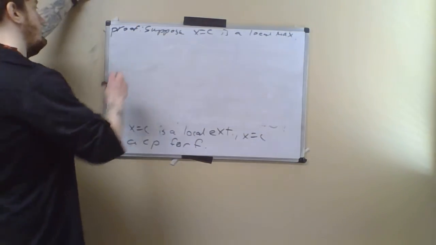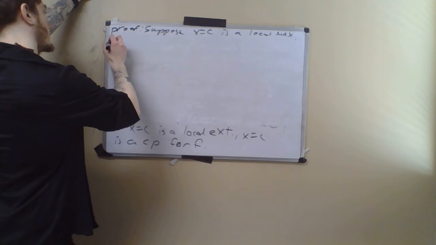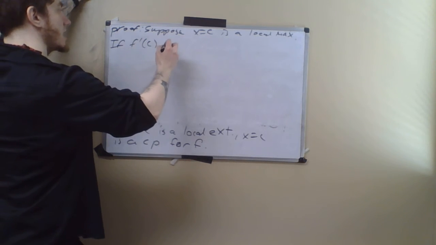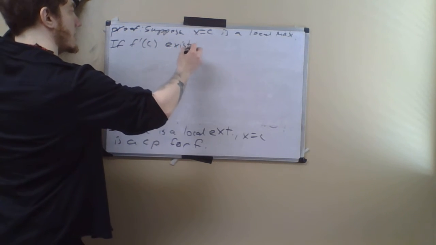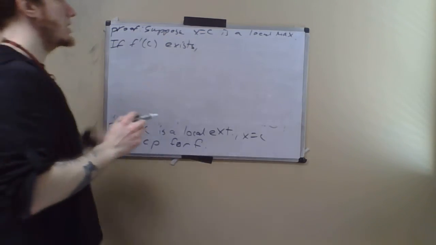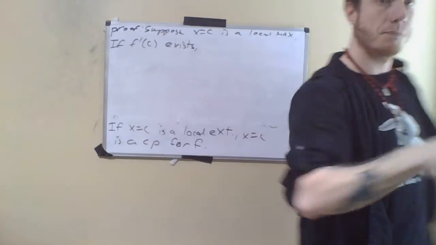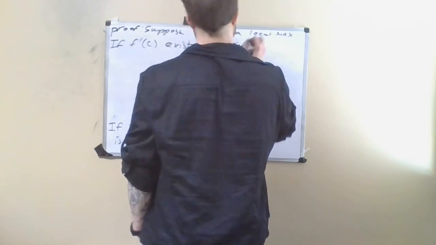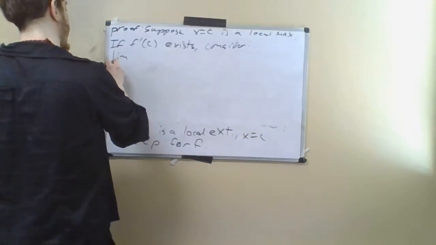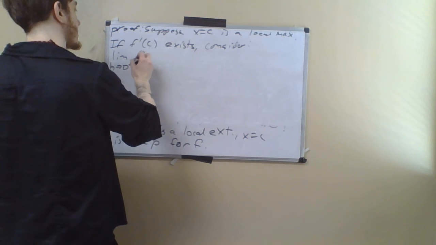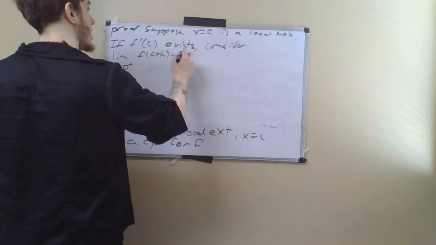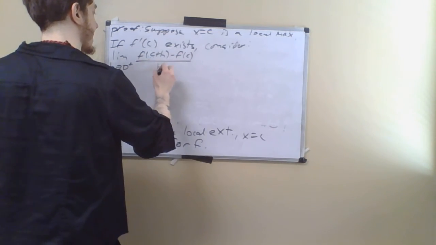Well, first of all, if f prime of c exists, then here's what we know. Consider the limit as h goes to 0 from the right of f of c plus h minus f of c divided by h.